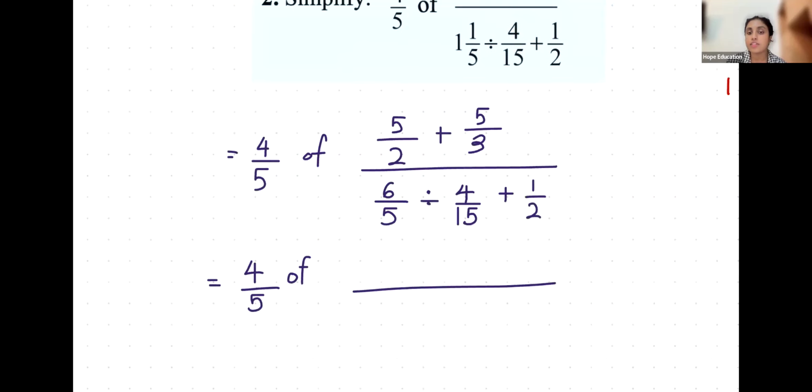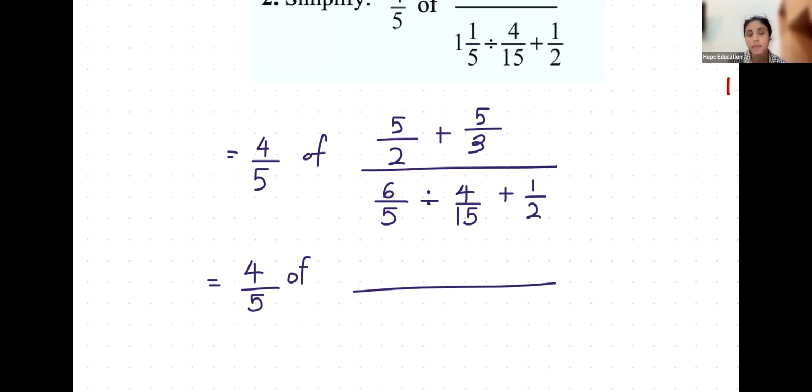Now here this is an addition. In order for me to add two fractions, I have to have a common denominator. Here the denominator is 2, here the denominator is 3. So what would be the common denominator here? 6. Yes, correct, 6.